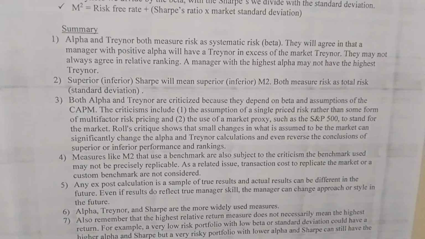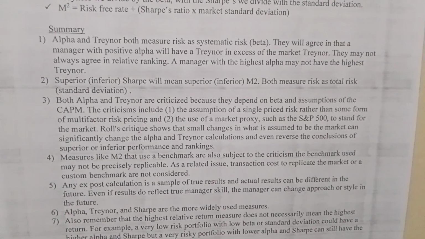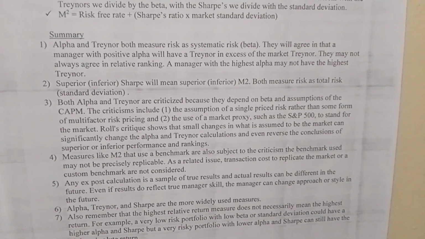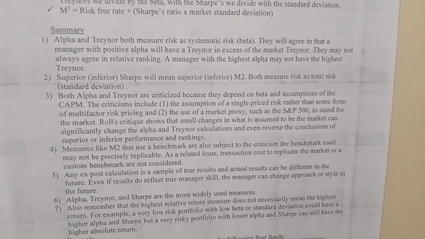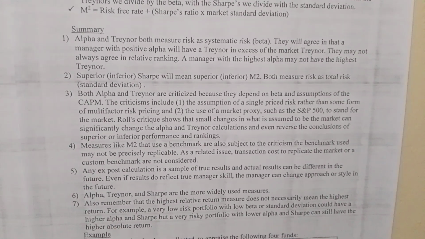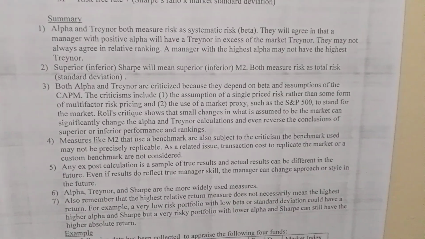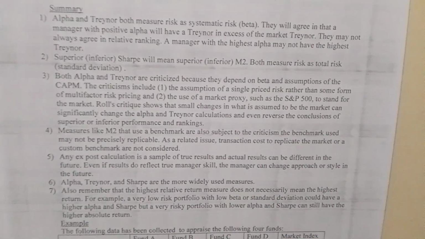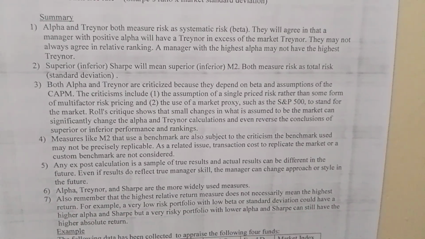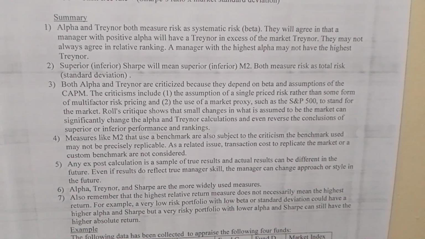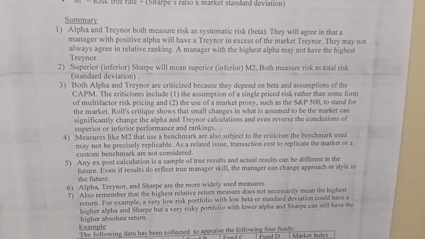The unsystematic risk is that risk which affects a specific firm in the economic environment, and for that reason, it can be diversified, and thus it is measured by use of standard deviation.